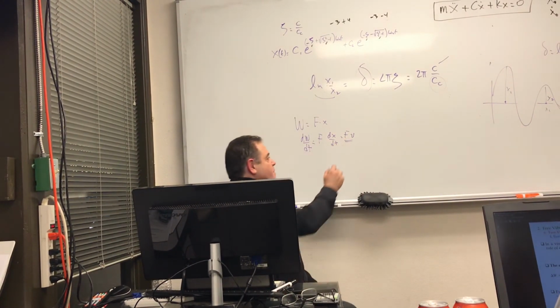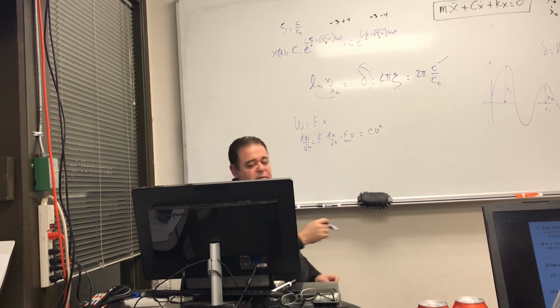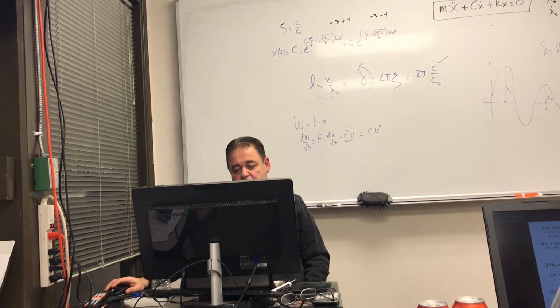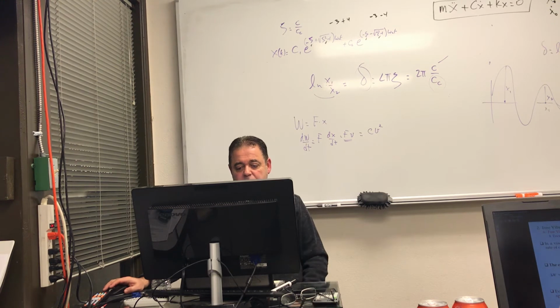So in our case, because we have a damper, this becomes CV squared, with a negative sign obviously, because the energy has to be decreasing, since you're not adding energy to the system. So dW over dt is FV, which is minus CV squared, which is minus C times dx over dt squared.